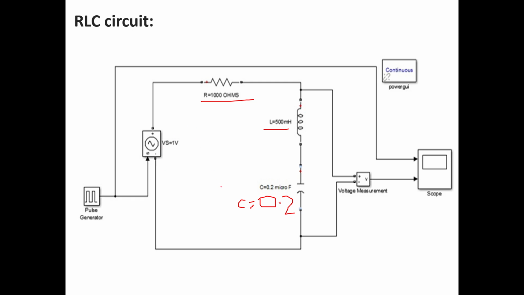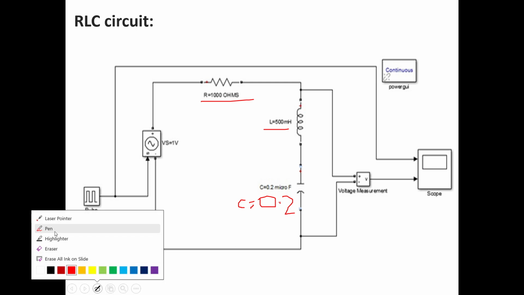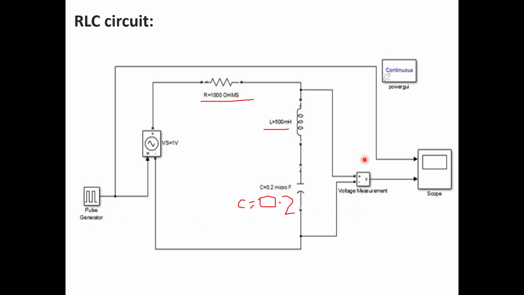Across these series connected elements, a voltage source is connected, and a pulse generator is given as input to this voltage source. The pulse generator is also connected to this scope, and we are going to measure the output voltage across LC.